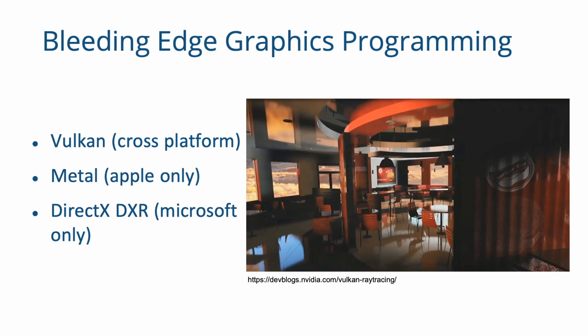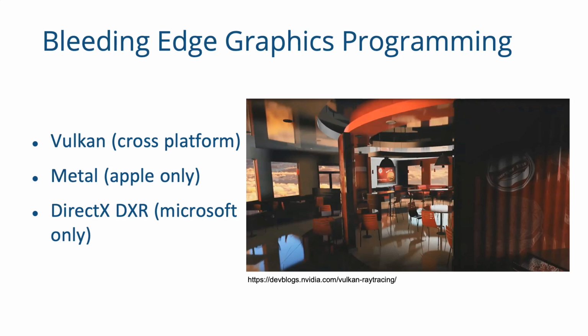While Vulkan is made by the same consortium that works on OpenGL, the Khronos consortium, there are other alternatives to Vulkan. There is Metal, which is very similar to Vulkan in spirit, but it is Apple only. So it runs only on macOS. And there is DirectX DXR, which is DirectX's evolution, just like Vulkan is OpenGL's evolution, closer to hardware, I should say. So that is the Microsoft Windows only equivalent of Vulkan.